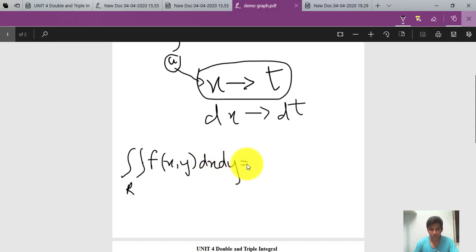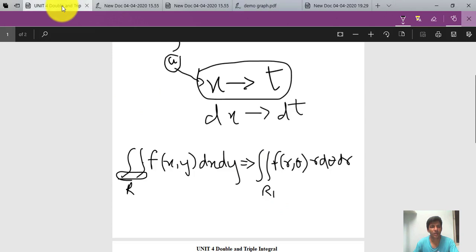After the transformation, that is the change of variables, it becomes a double integral of f in terms of r and theta, and one more thing we have, that is r dr d theta. And also the limiting values are changed.